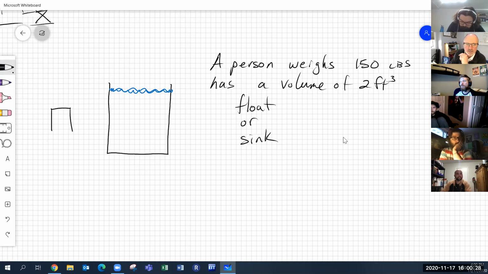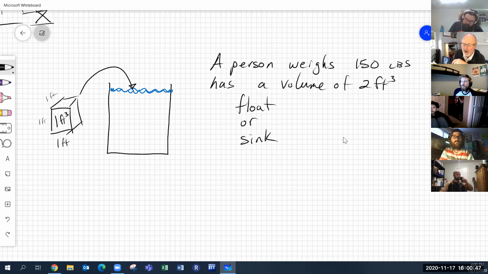Let me just draw a little box here. So if this box, for example, was 1 foot by 1 foot by 1 foot, that would be 1 cubic foot, yes? Clearly. So if I take this box and I put it in the water, and that box sitting in here, oh my gosh, why does that do that?